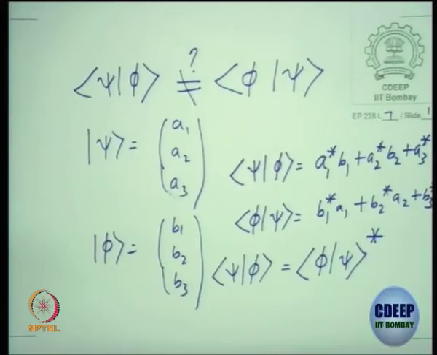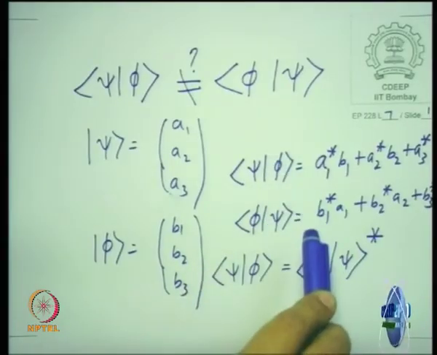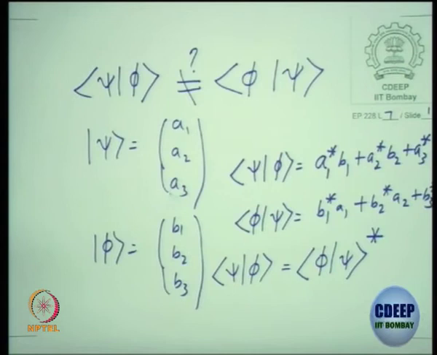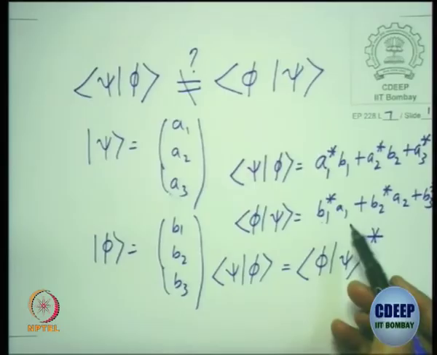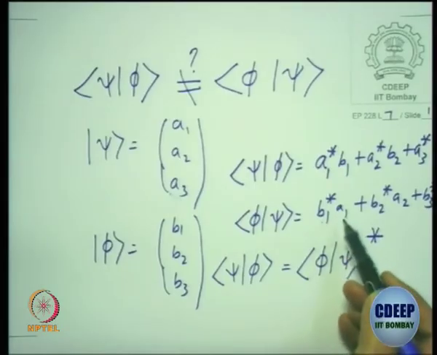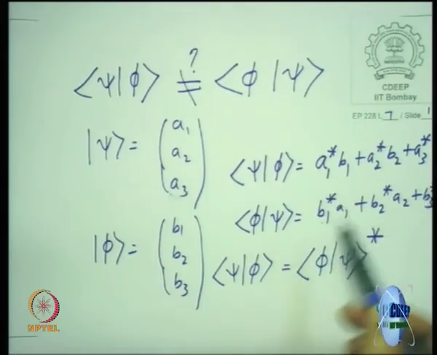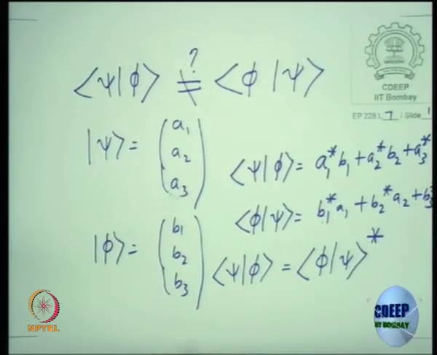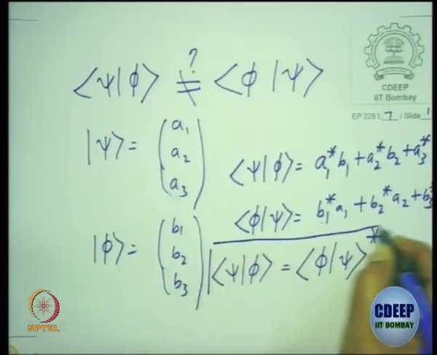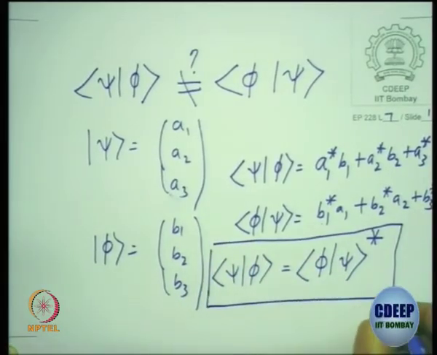You take the inner product and complex conjugate it. The complex conjugate of this will give me this, right? This ordering is unimportant. Calling it B1 star A1 is the same as A1 B1 star. The star of that is the same as this one. So this is a property in a general complex vector space.